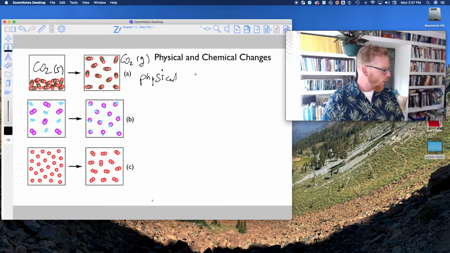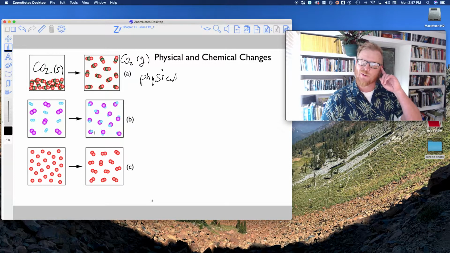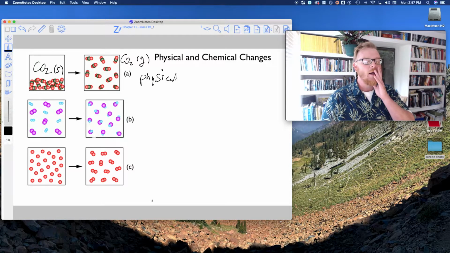Okay, so now here we can see a bunch of purple stuff and a bunch of blue stuff, and you can see they're diatoms, right? But now look, the way that they're physically bonding with each other has changed. I know I just used the word physical there, so that's a little confusing.